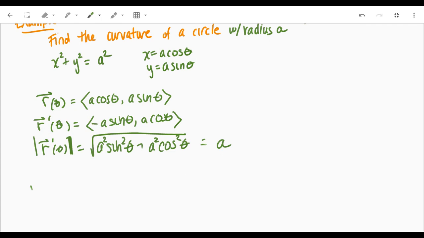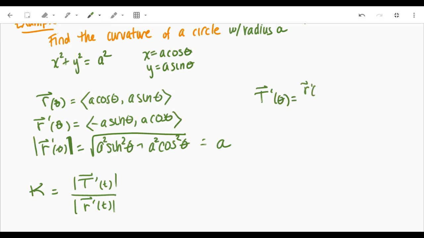So our curvature, again, is going to be the magnitude of T prime of t over the magnitude of r prime of t. We still need to get T of theta, which again is r prime of theta over the magnitude of r prime of theta.